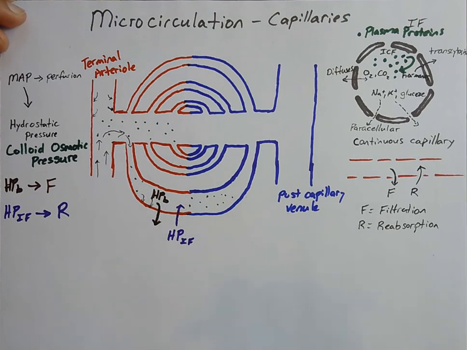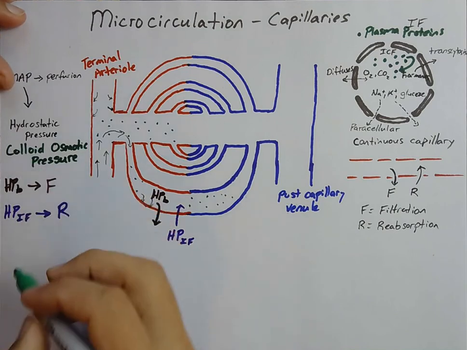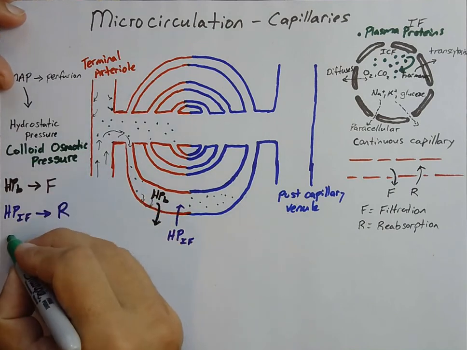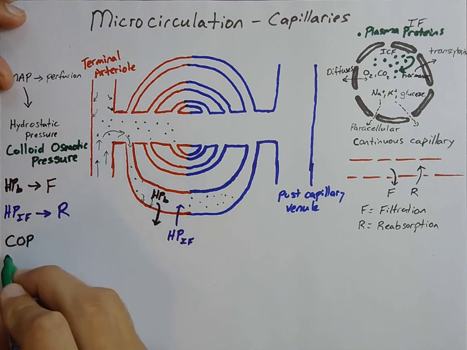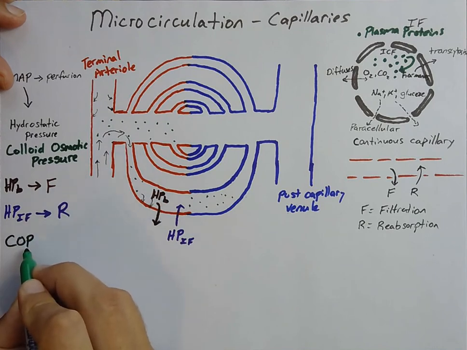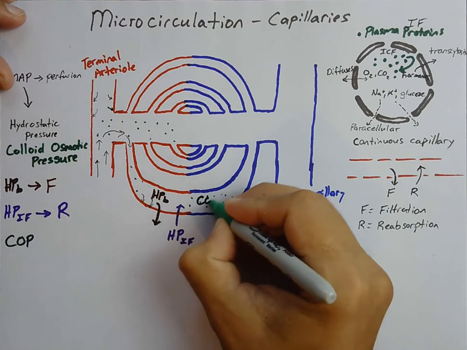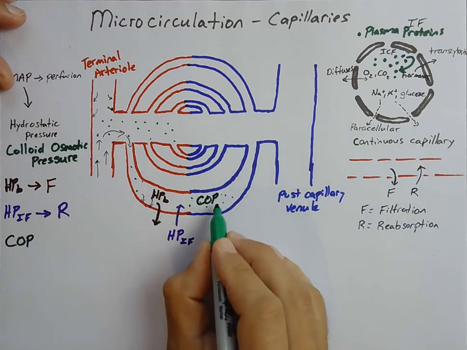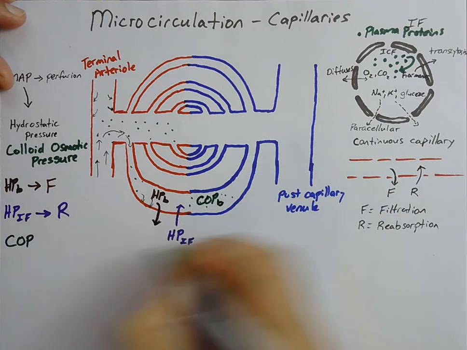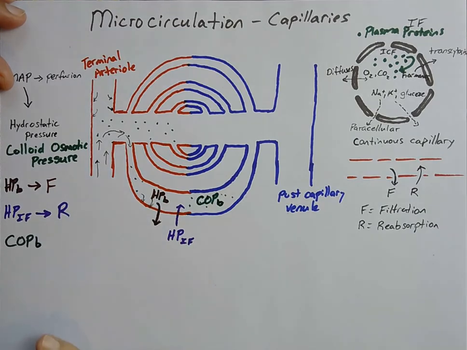You'll hear oncotic pressure quite a bit, represented by the Greek letter pi, not 3.14, but just pi. It's a little confusing. But we're going to go ahead and abbreviate this as COP, colloid osmotic pressure. So there's going to be a bunch of colloid osmotic pressure inside of the blood. So let's go ahead and differentiate that.